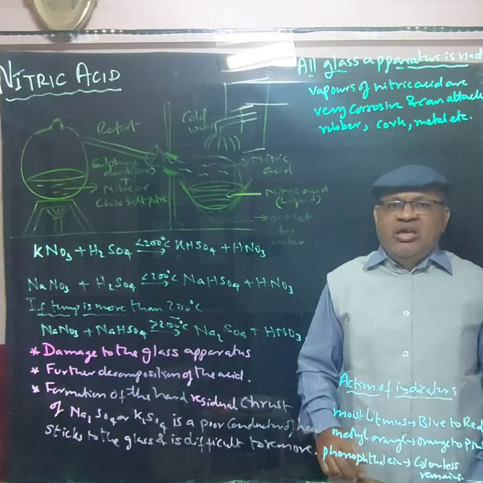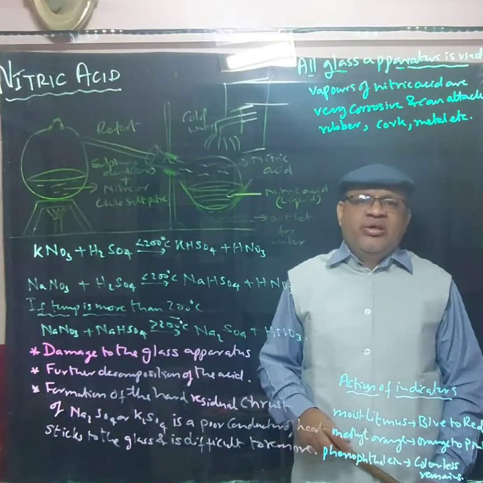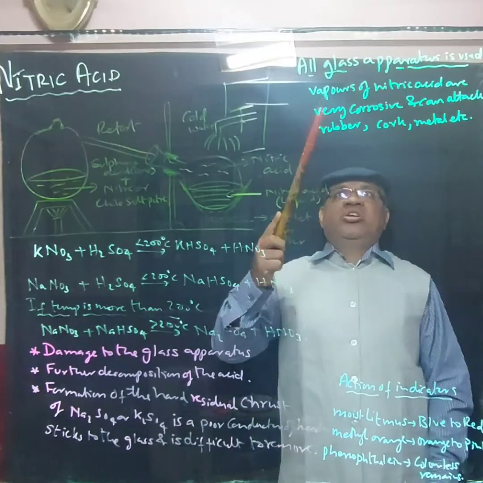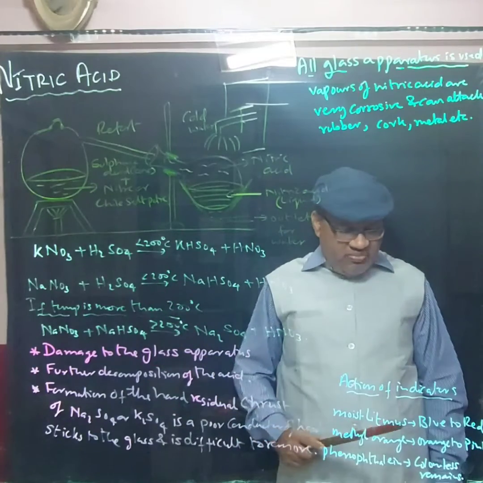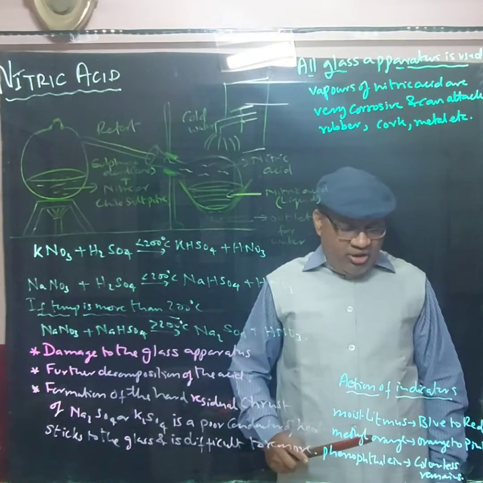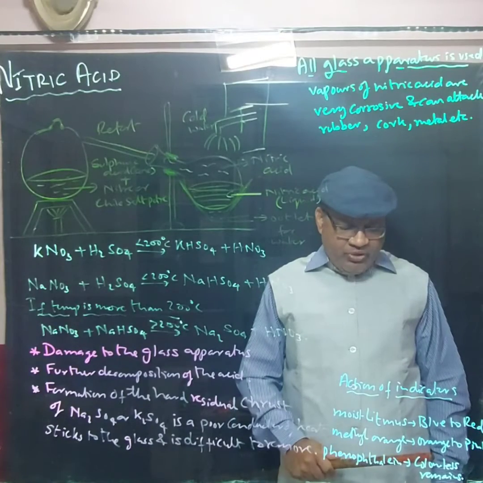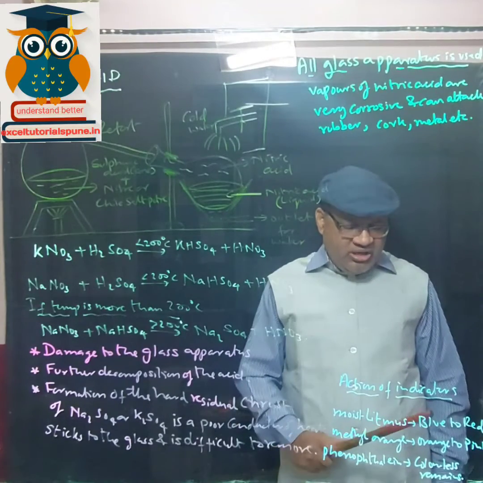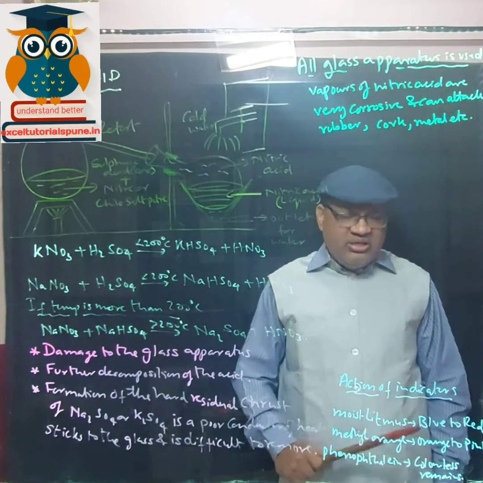This nitric acid is heavier than air, and since it is an acid, moist blue litmus turns red. Methyl orange turns from orange to pink, and phenolphthalein remains colorless.